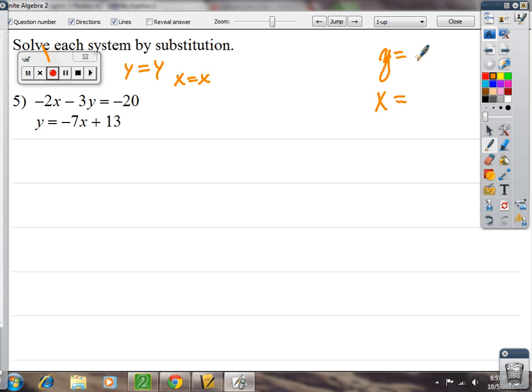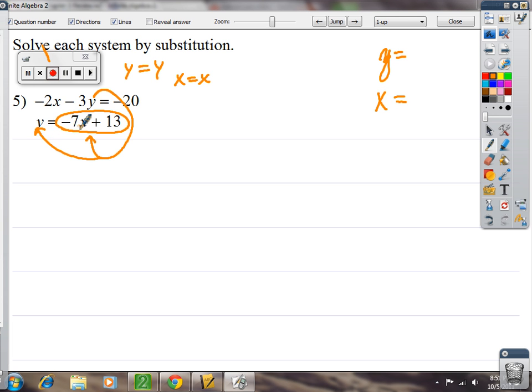So if I know it's the same value, I'm going to use that idea to substitute. This bottom y, the one that's all by itself, is equal to negative 7x plus 13. So if my top y and my bottom y are equal, my top y is also equal to negative 7x plus 13.